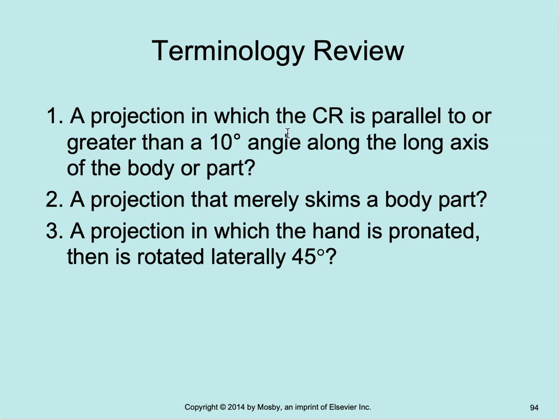So some terminology review: a projection in which the central ray is parallel to or greater than a 10-degree angle along the long axis of the body part would be axial, right? Projection that merely skims the body part, we talked about that as the tangential, right?